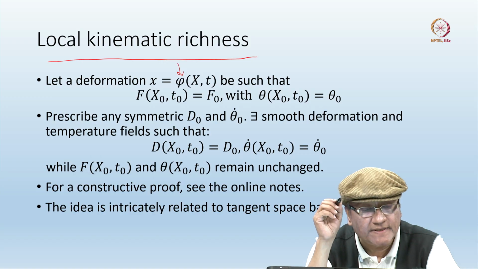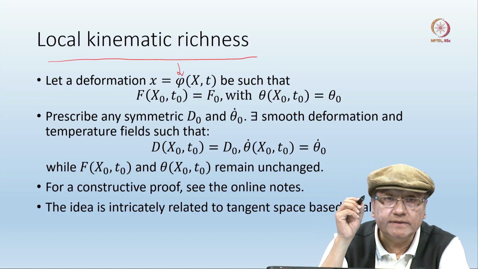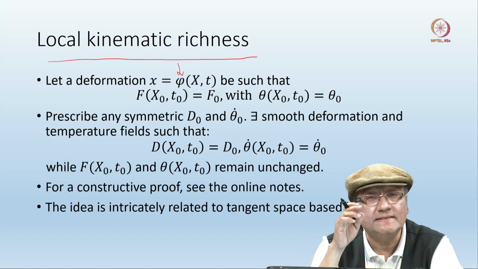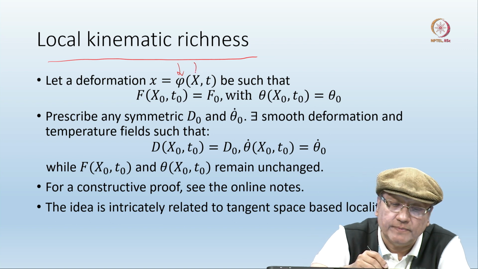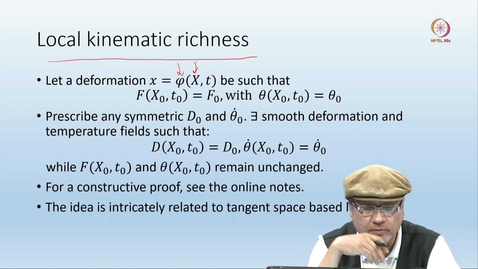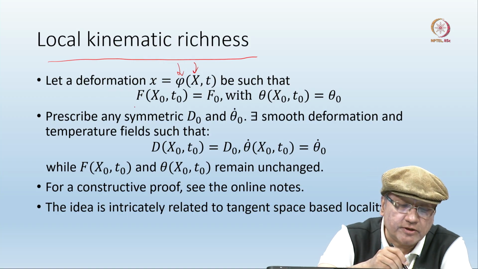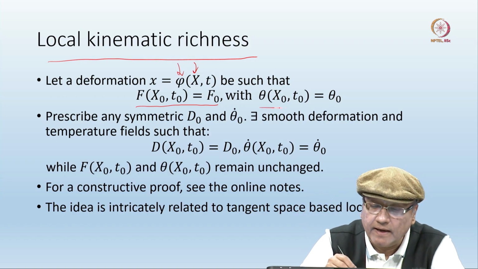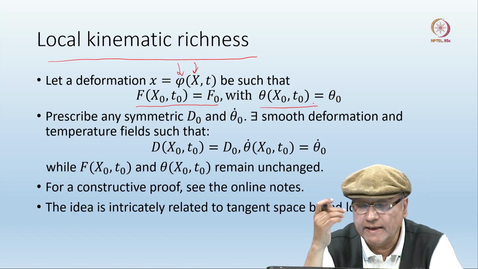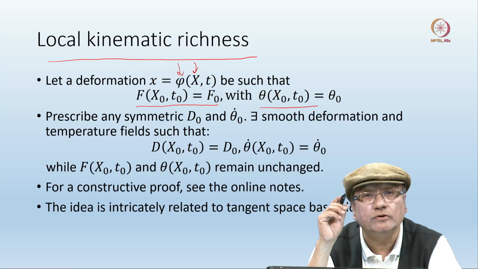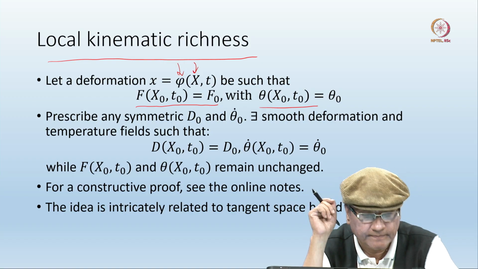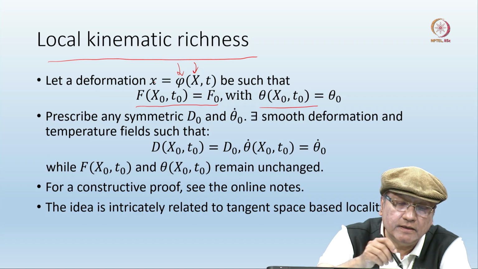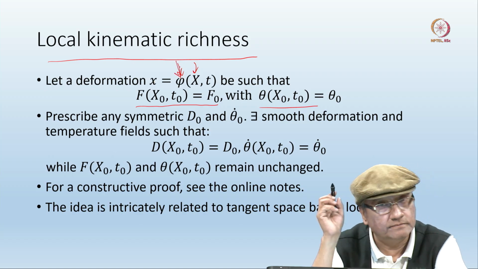Let this deformation be such that at some fixed time t0, and at some point X0 in the material body, or in the undeformed configuration, the deformation gradient is f0, and theta is specified as theta 0 at the same point X0, t0 in space-time. So theta 0 and f0 are specified. f0 follows directly from this deformation phi.